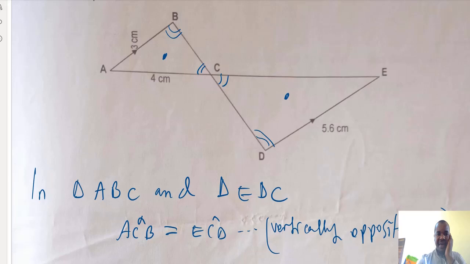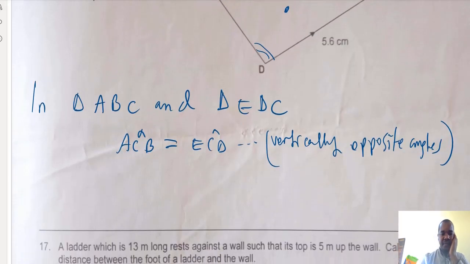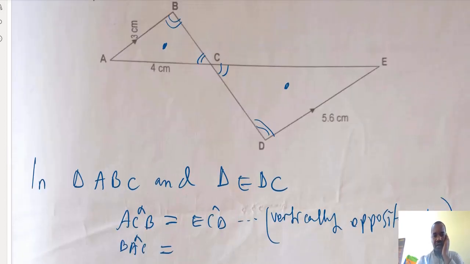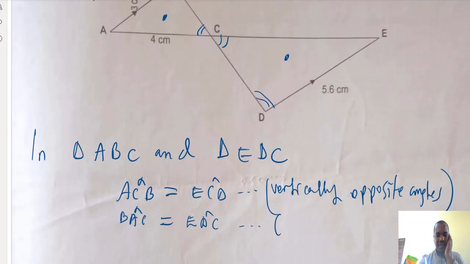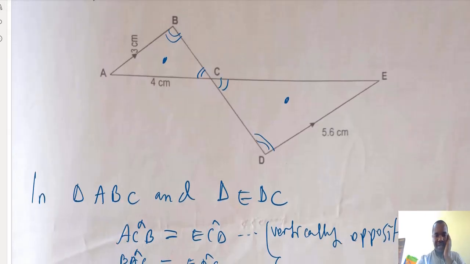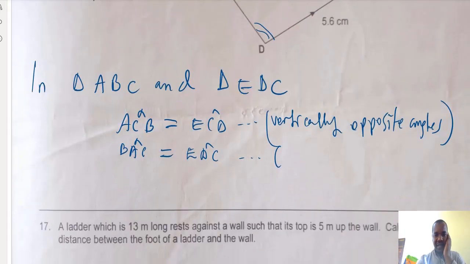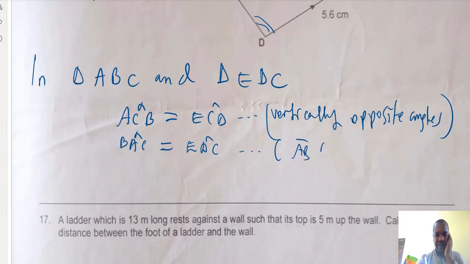And also BAC equals EDC, and the reason, first of all, is that we were given that AB is parallel to ED, and so they form alternate angles.